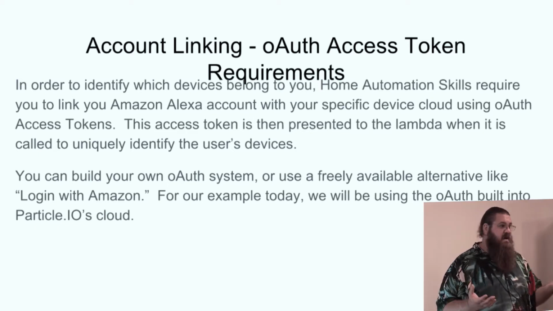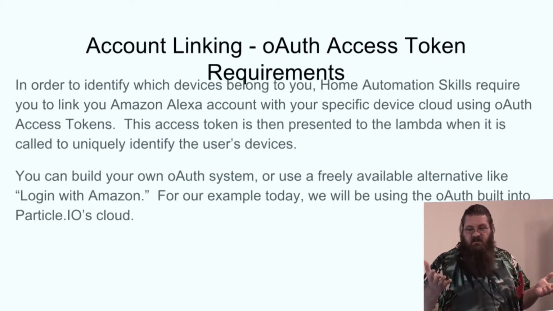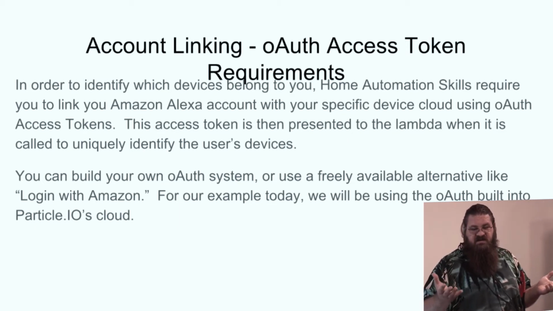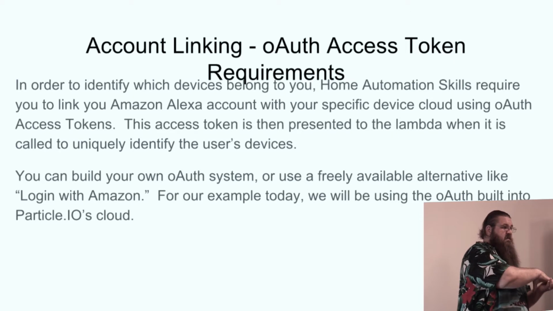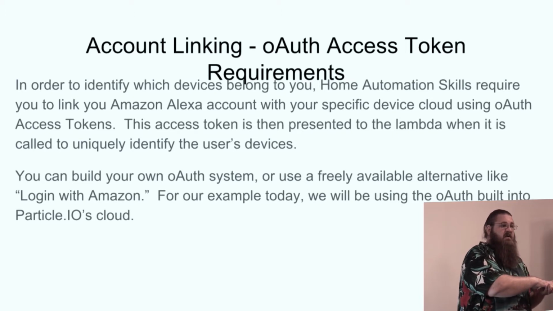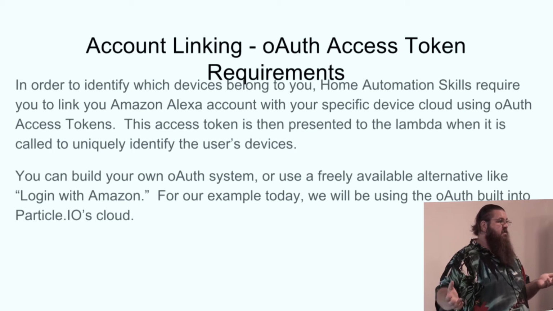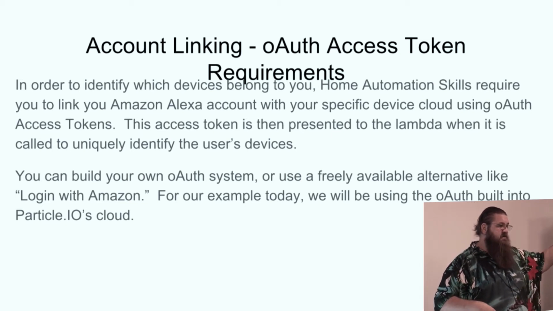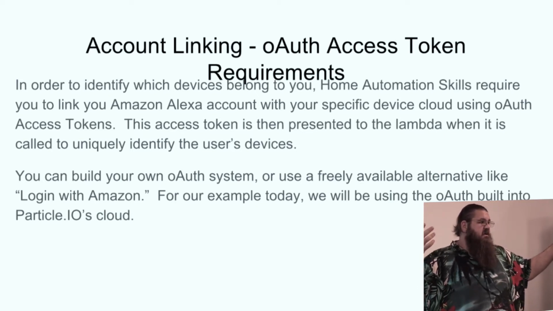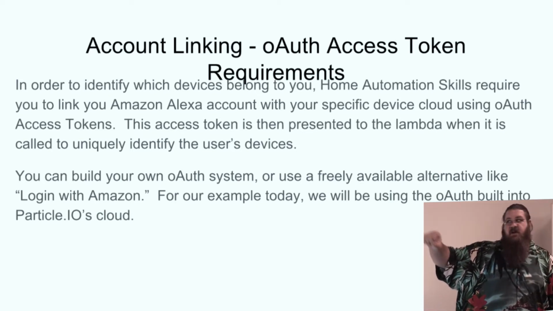In order for me to control mine, I've got to load the application, load the Alexa skill, and then give it the username and password to the cloud component that controls my Lutron hub, that controls my lighting. If I wanted to control my mom's, I would just put my mom's information in instead. So you have to be able to pair that cloud component account with the customer. And that's where this comes into play.